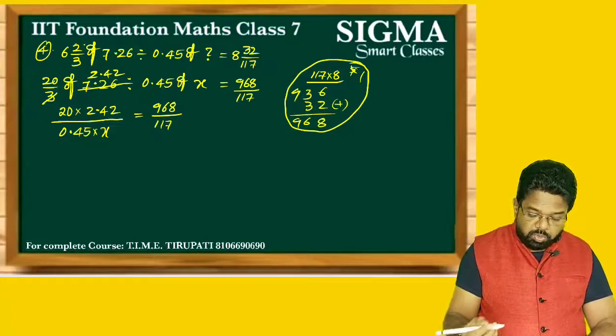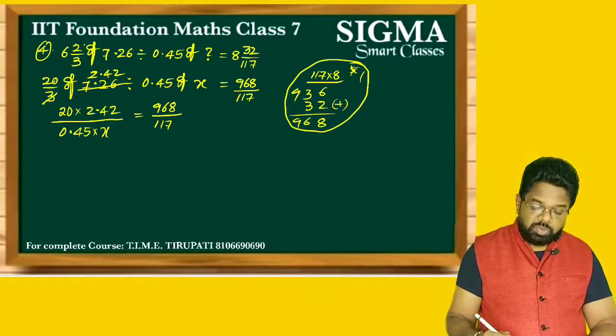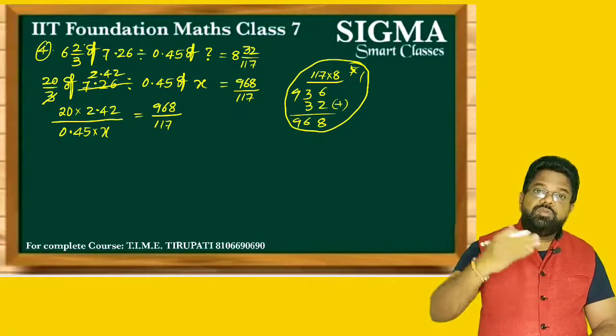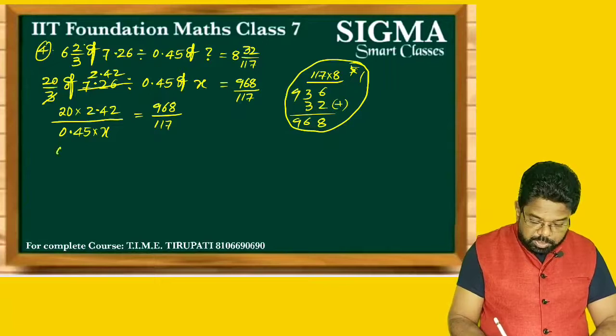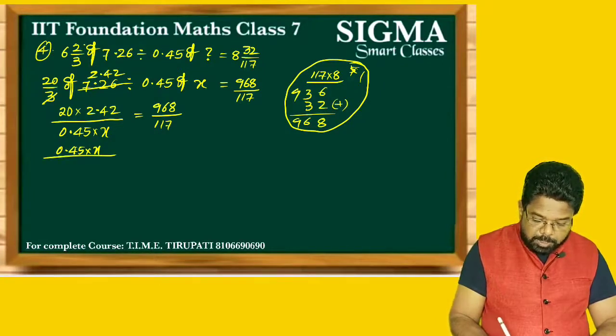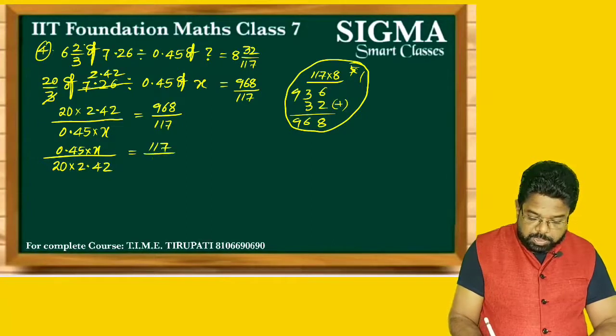You have to calculate the value of x, so take the inverse of the fractions on both sides. It can be written as 0.45 into x by 20 into 2.42 is equal to 117 by 968.